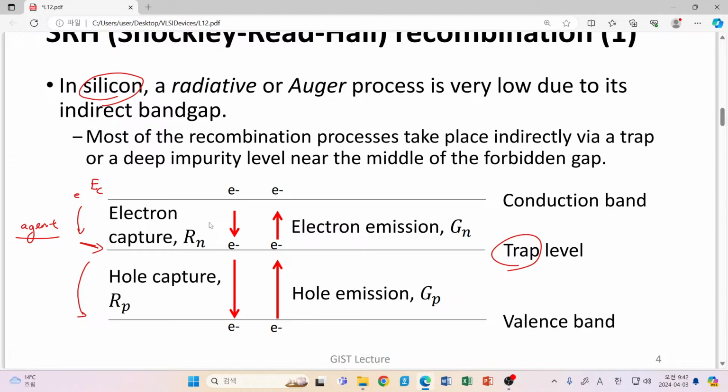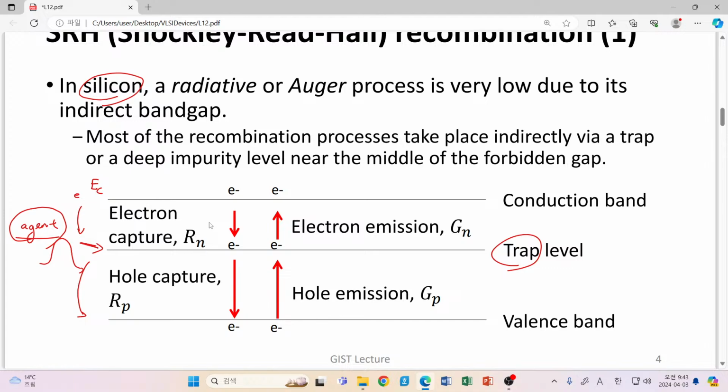However, if we make a snapshot of the number of electrons, then internally the number of electrons stored in this agent state, the trap level, is slightly increased. After that, it is reduced once again to its original level.